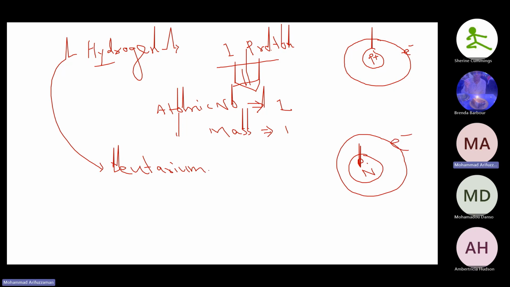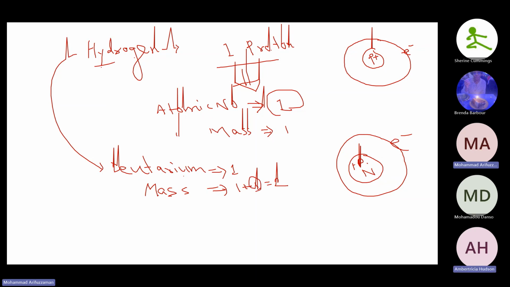So what will be the atomic number of deuterium? The same, because this is an isotope of hydrogen. The atomic number is the same, but what will be the mass number or atomic mass in deuterium? It is 2, 1 plus 1, 2, because of the variation of the neutron.